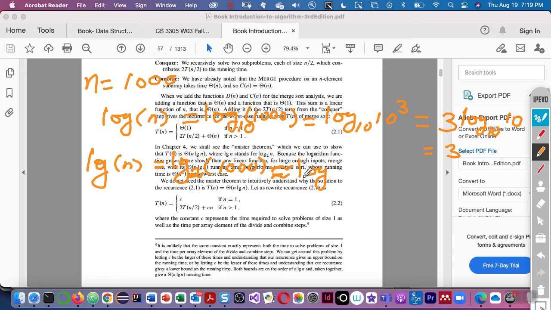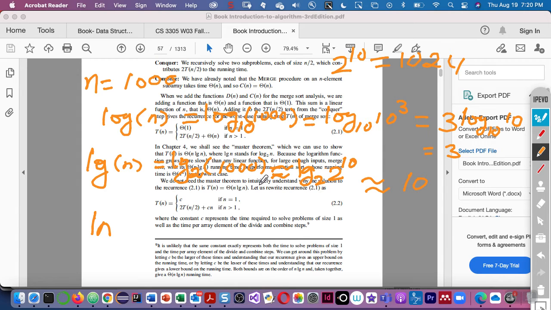You can type it in, but you can also guess it. 2 to the power 10 equals 1024, right? So approximately it will come to 10, close to 10.